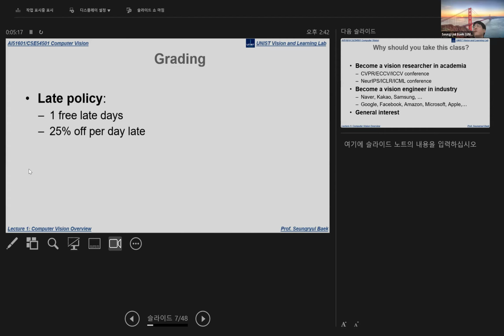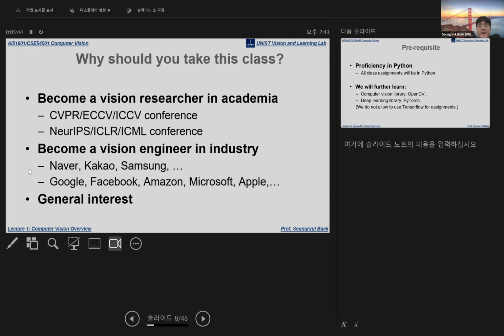So we cannot give you more time. If you fail to meet the deadline for the final term project, then you will get 0 points. So don't miss that deadline. But for the 2 programming assignments, we can give you 1 free late day, and after that, we will deduct your score by 25%. This is the policy.